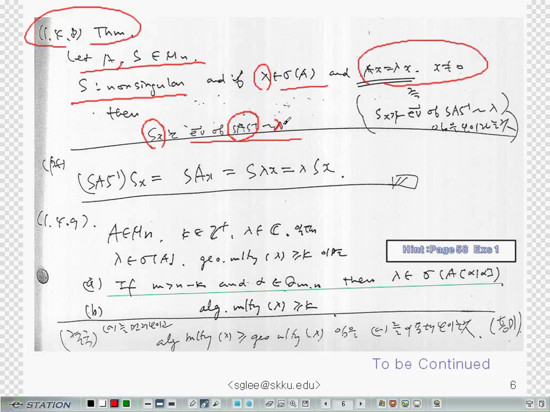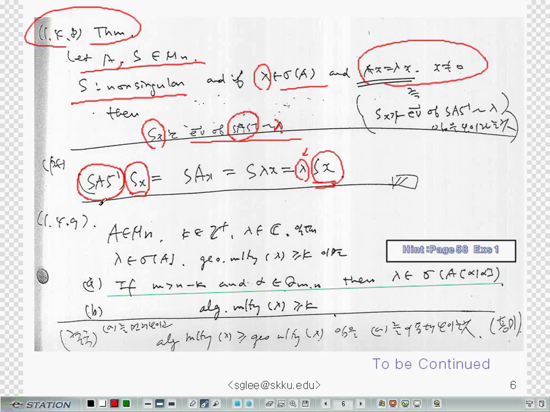The proof is so easy. All we have to show is that this matrix times this vector is the same as a scalar times the same vector. That's what we have to show.